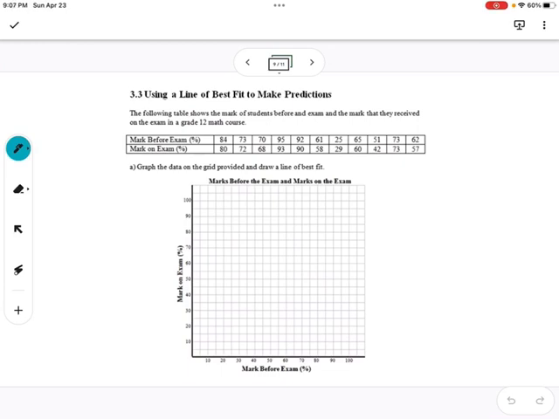So the mark before the exam is the independent variable, and the mark on the exam is going to be the dependent variable. So we want to plot all of these points. So the first point is at 84, 80.